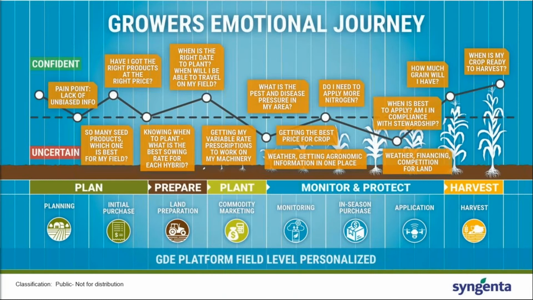So our digital tools for retail and for growers are really trying to address the questions, and as you mentioned earlier with the Sony platform, address some of the pain points, if you will, that help reduce the level of uncertainty that's out there. And these are just a few questions that we've tracked that go on in the emotional journey of a farmer.